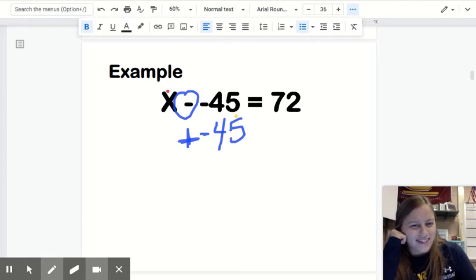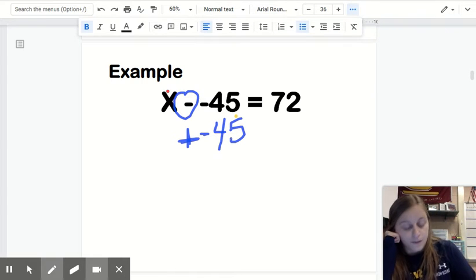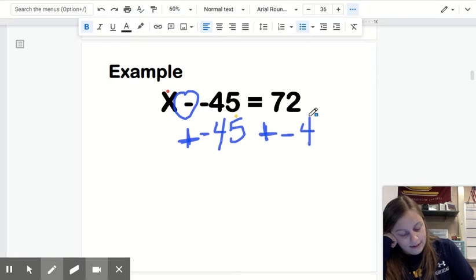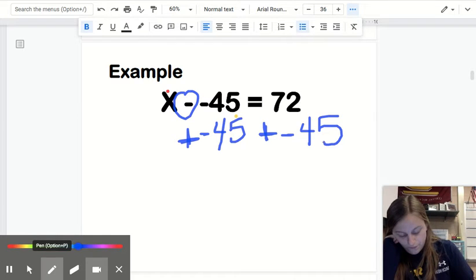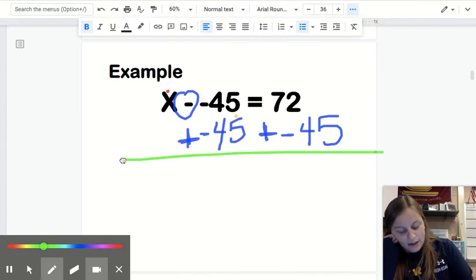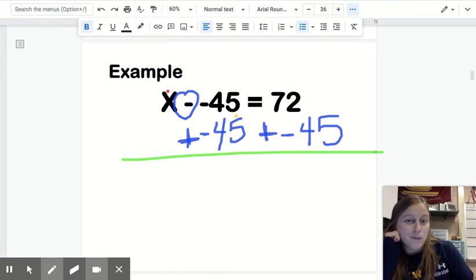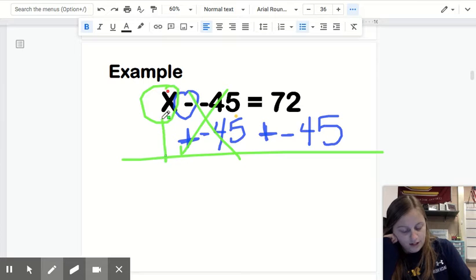But as we've said, if you do it to one side, you have to do it to the other. So over here, I'm also going to add negative 45. On this side, a minus negative 45 and a plus negative 45 cancel out. I'm just left with the variable of x.